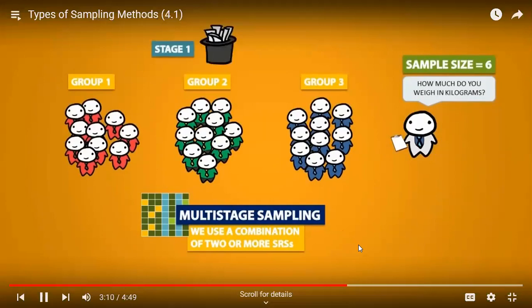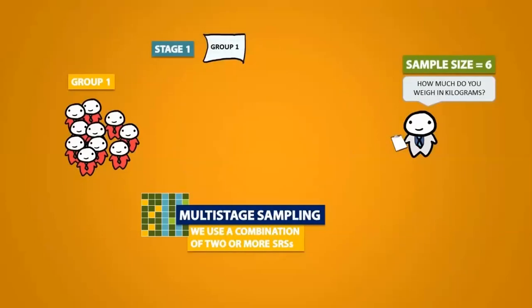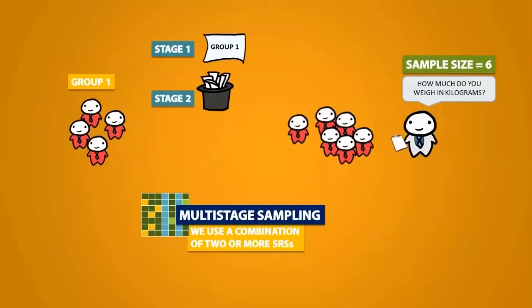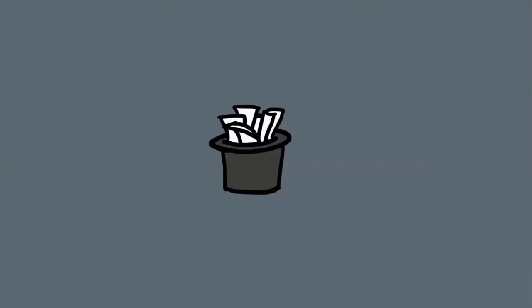Let's say that I picked out group 1. Then that means I would only look at group 1. Then for stage 2, I would do another SRS to get to 6 random people. We go through different stages of simple random samples to get the actual sample, and this is why this is called multi-stage sampling.